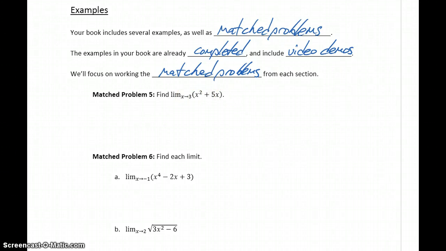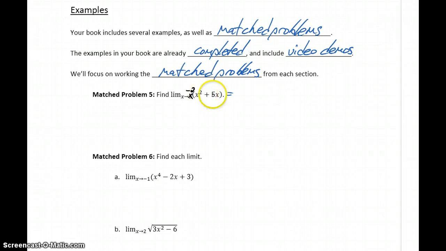Let me make one correction here before we get started. Instead of the limit as x approaches 3, that's a typo on my part, that should actually be the limit as x approaches -2. So the very first thing we're going to do is use the properties of limits that we established to break this up, since what we have is the sum of a function x squared and 5x.